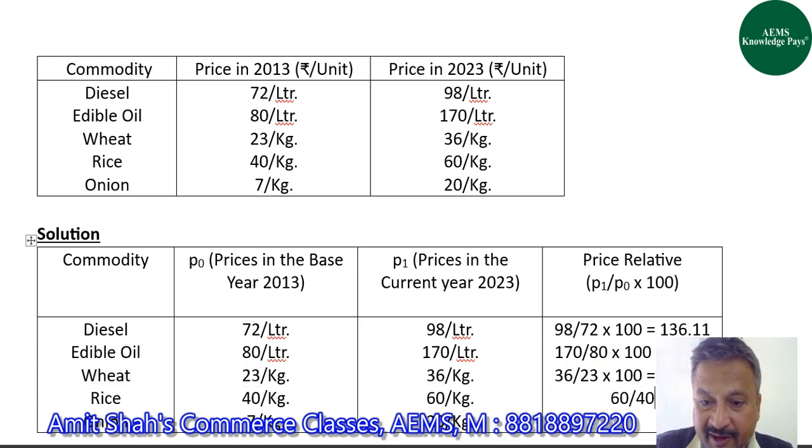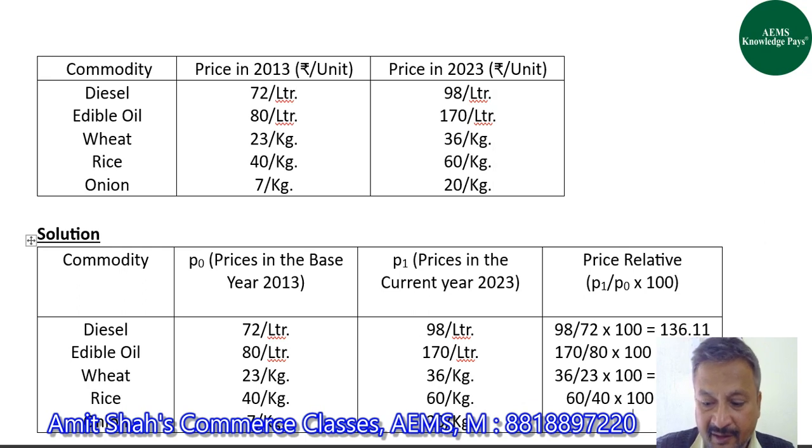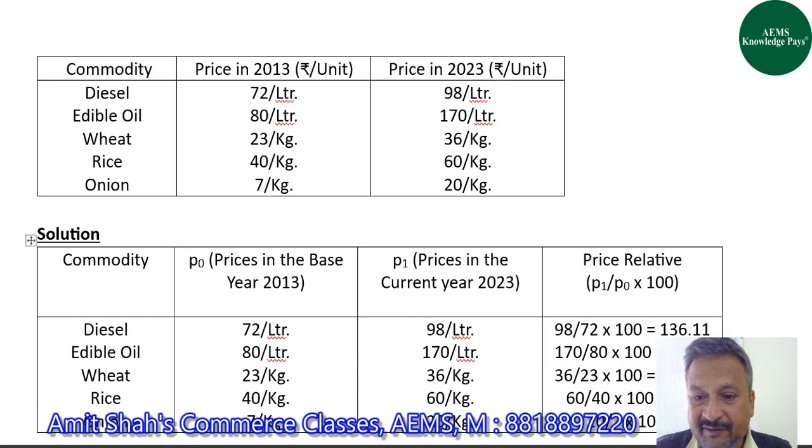Here it is 60 divided by 40 into 100. That is 150. Then 20 divided by 7 into 100. That is 285.71.